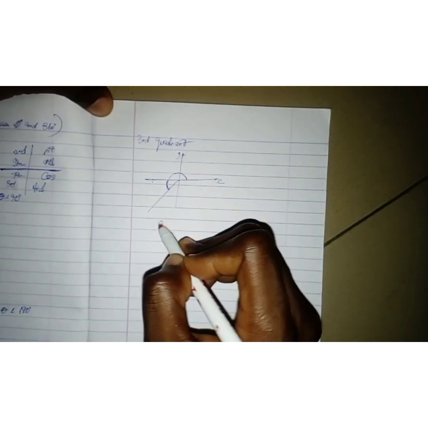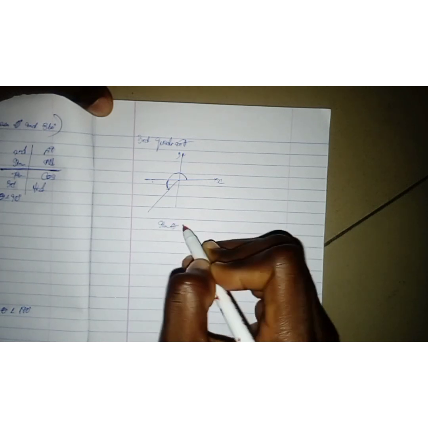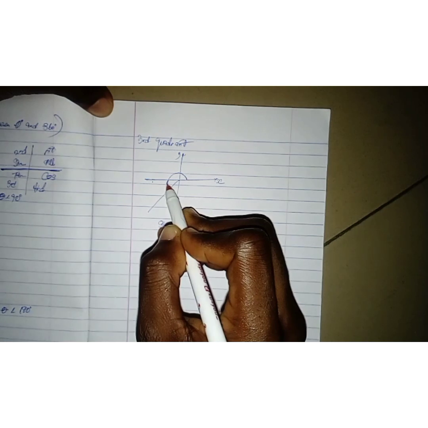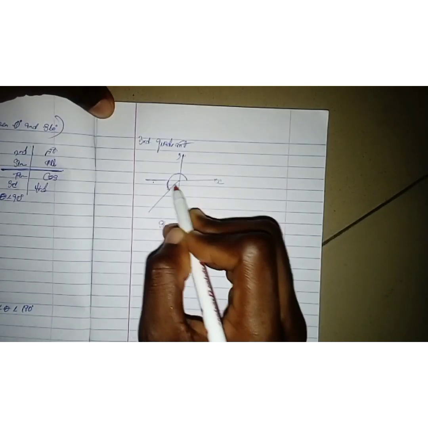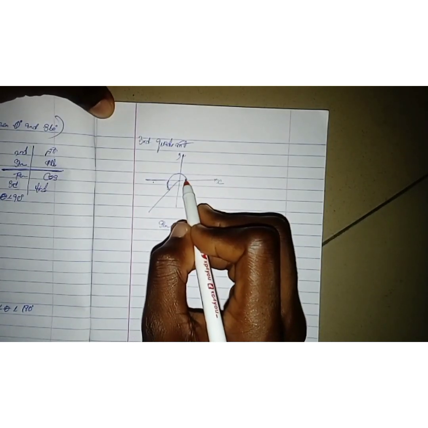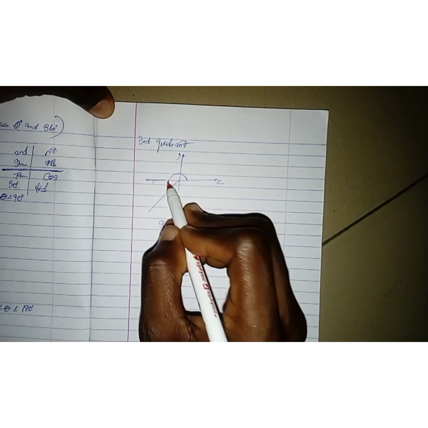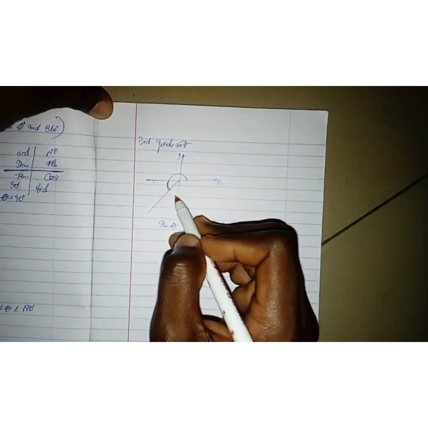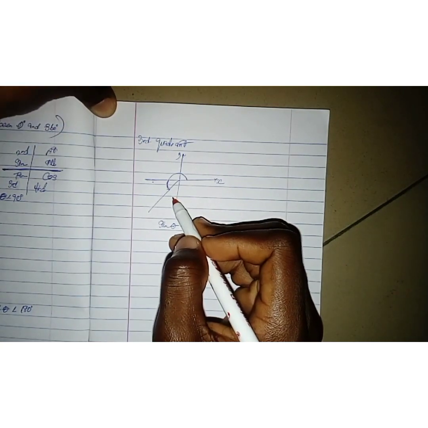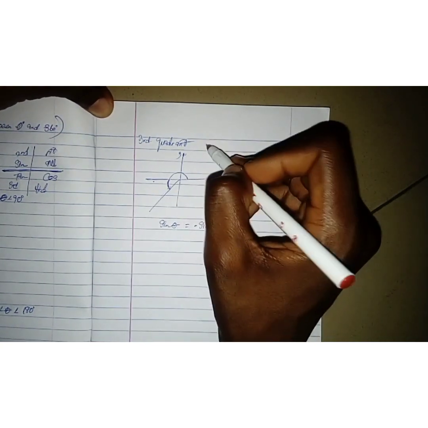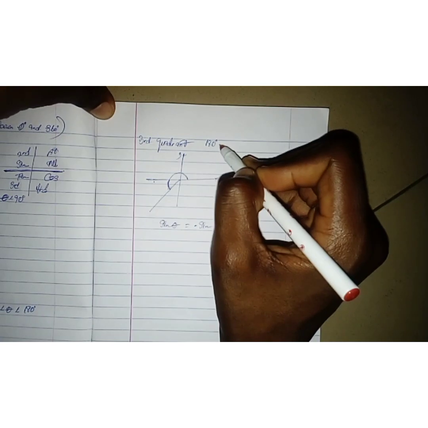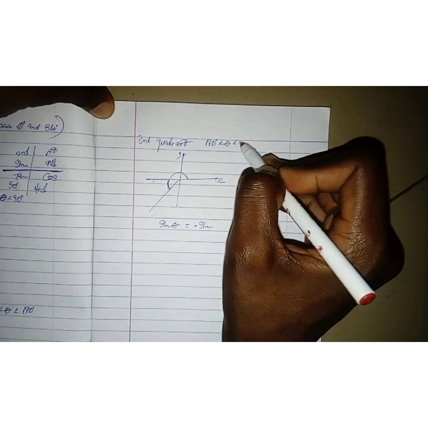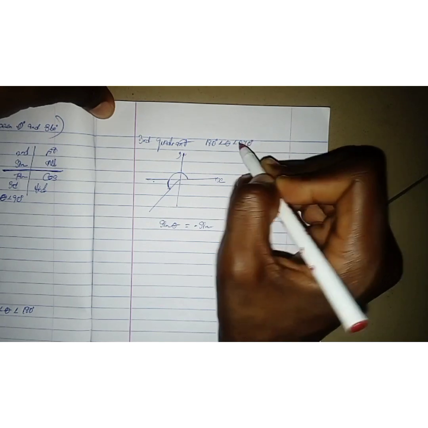So sine theta equals negative sine. So what's the angle here? The angle here is just 180. This is 180. And this is an angle that is not up to 270. So 180 is less than theta and theta is less than 270 degrees.